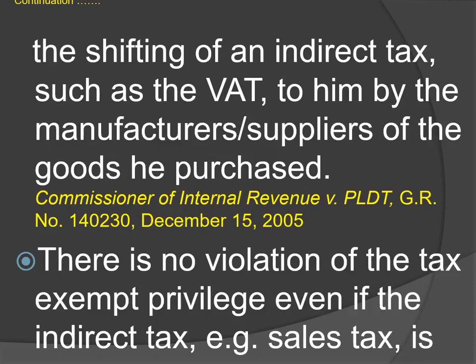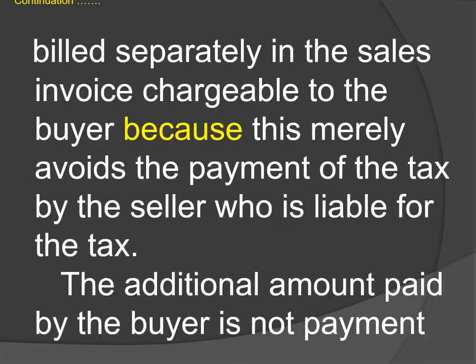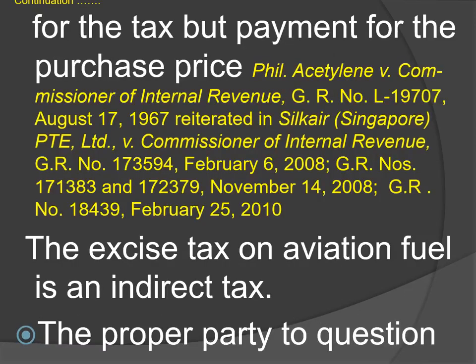There is no violation of the tax-exempt privilege, even if the indirect tax, for example sales tax, is billed separately in the sales invoice, chargeable to the buyer, because this merely avoids the payment of the tax by the seller who is liable for the tax. The additional amount paid by the buyer, who is tax exempt, is not payment for the tax, but payment for the purchase price.